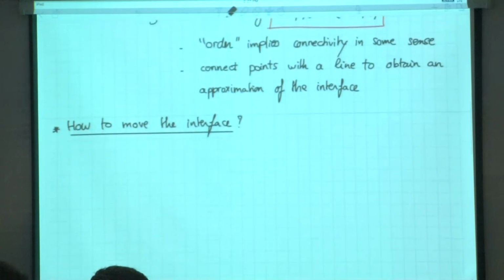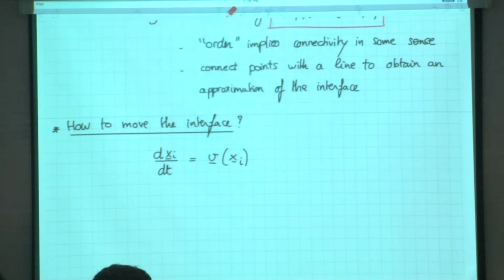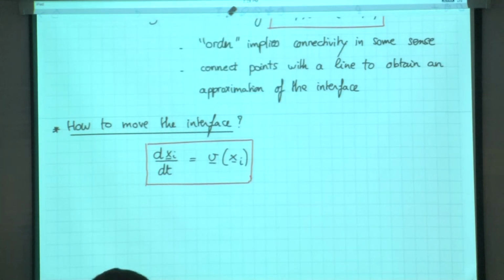There's nothing difficult here. We'll be solving dx_i/dt, where x is now an array, equal to my local velocity evaluated at position x_i. So this v is assumed to be known.